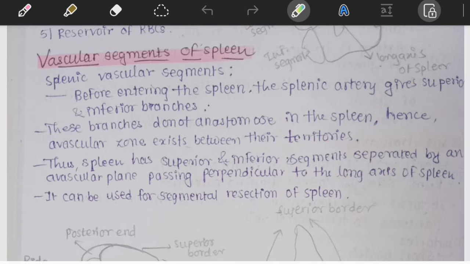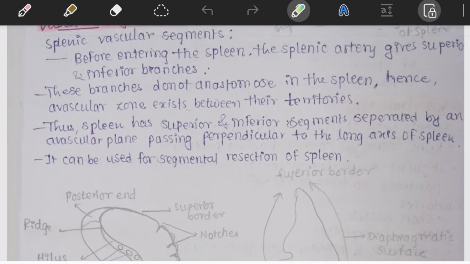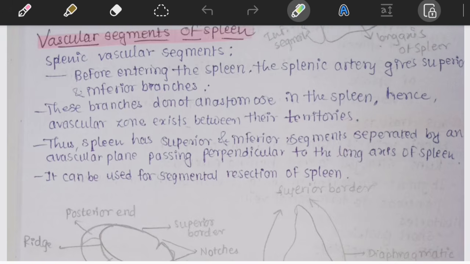Because these segments allow the surgeon to remove only the diseased segment of the spleen in selected situations rather than removing the entire organ. This is called segmental resection, and this is a favorite university exam question. Describe the vascular segments of the spleen and its surgical importance. The key phrases to remember are segmental artery, relatively avascular plane, and segmental resection.